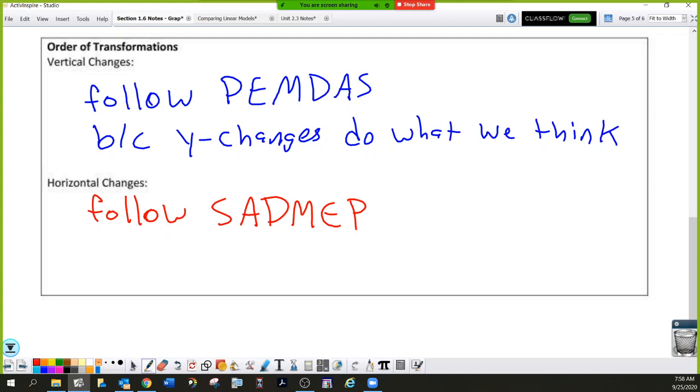Did you realize that you were undoing the order of operations? Did anybody ever describe it to you that way? Anytime you're solving for a variable, you're doing the order of operations in reverse. It's always SADMEP. And this is because x changes do the opposite. Hiovas. Horizontal, inside, opposite.